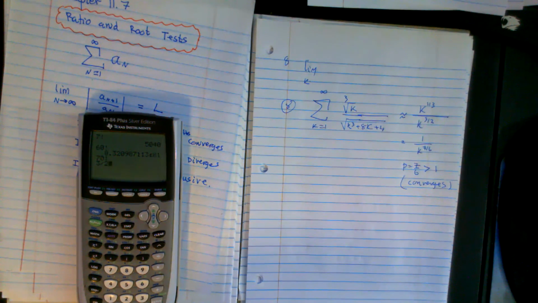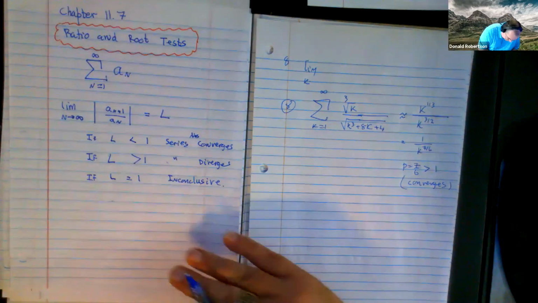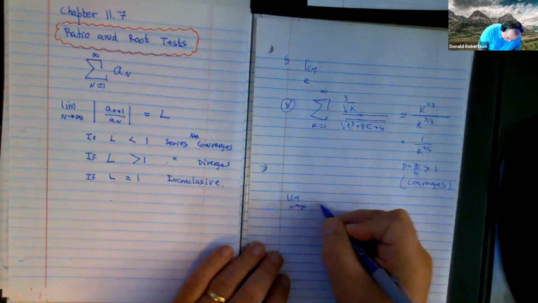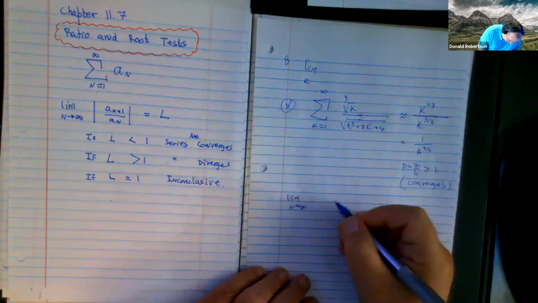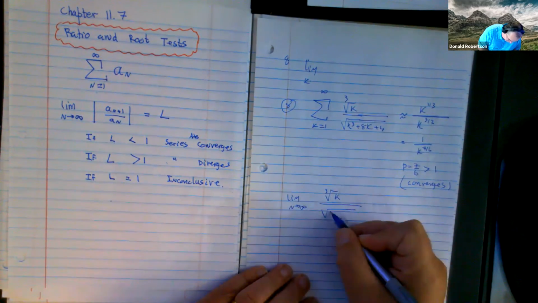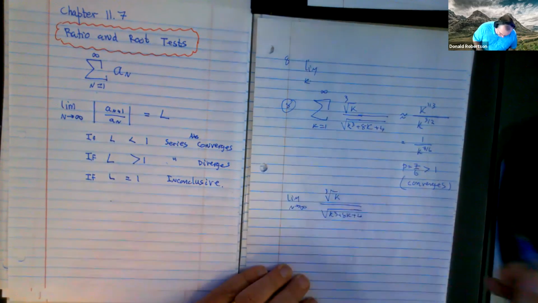Yeah, and then I did an over bn. Oh, okay, so now we're going to do the limit as n tends to infinity of an, which is this ugly guy, over bn.